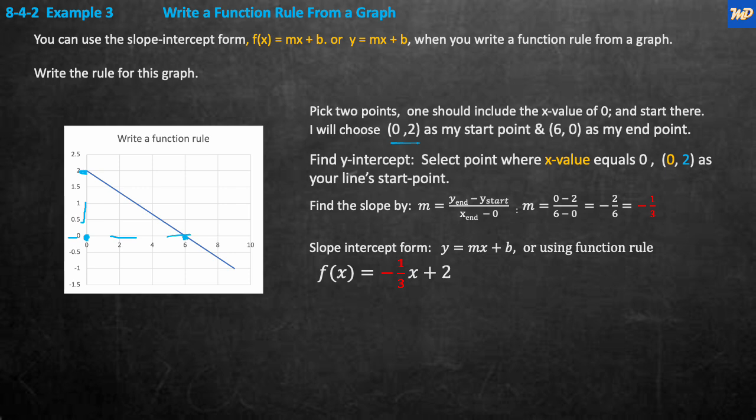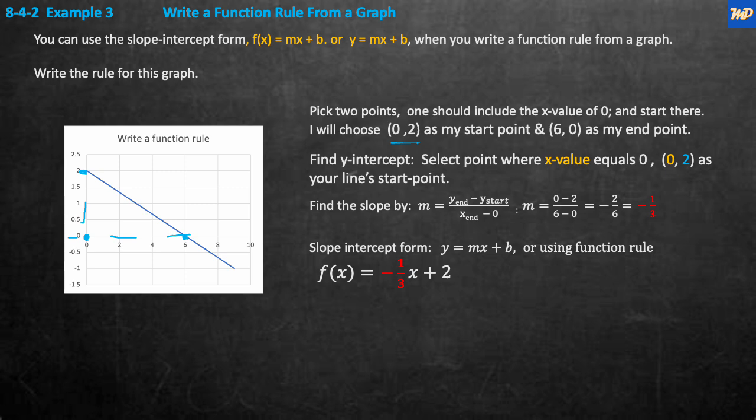The y-intercept, we selected the point 0, and 2 as the start point. Find the slope by m equals y ending point minus y starting point divided by x ending point minus 0 in this particular case. Otherwise, it would be x starting point. But we have been finding the y value when x is 0, so it's convenient when writing the formula.